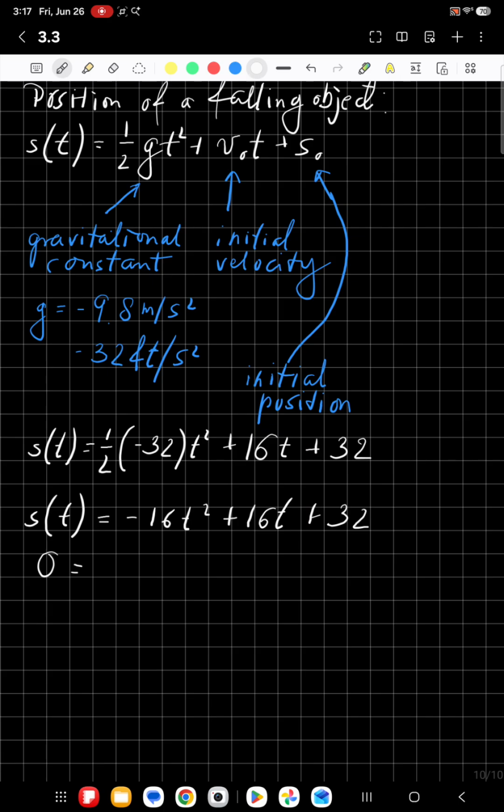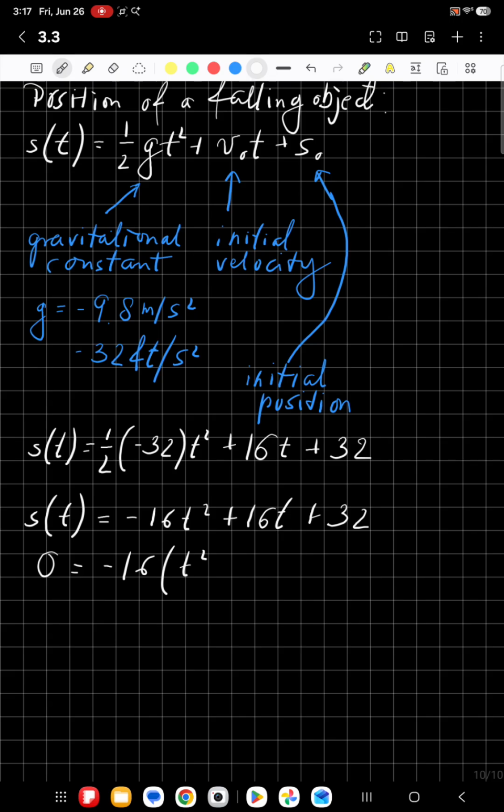At this point, I'll factor negative 16 out. I'm assuming the height above the water is 0, and then we'll calculate when that happens. I'm just trying to solve it for t.